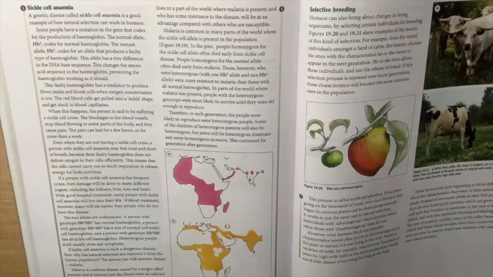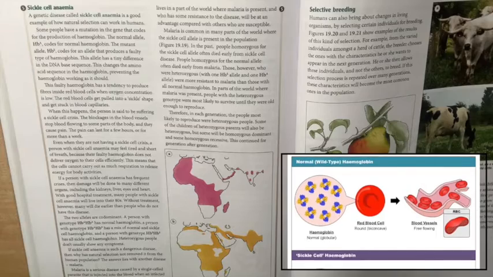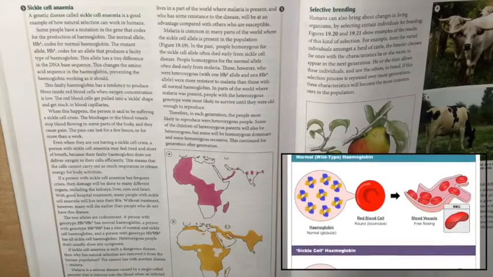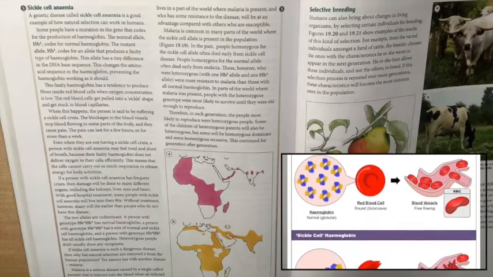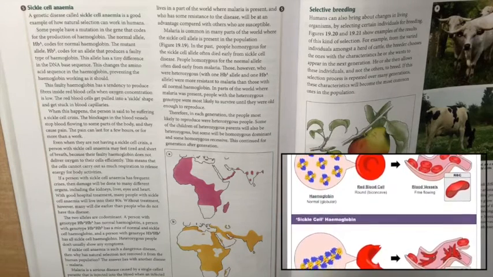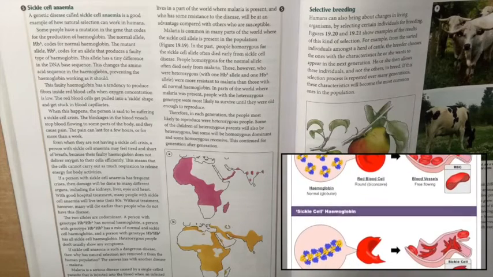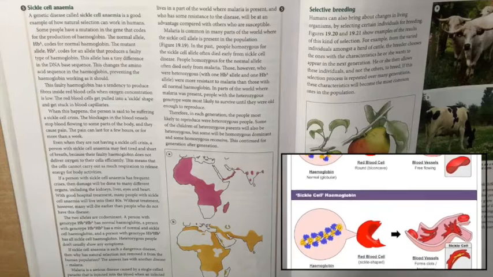Sickle cell anemia is a good example of how natural selection can work in humans. Some people have a mutation in the gene that codes for the production of hemoglobin. Mutations can occur, and they can create a faulty hemoglobin.